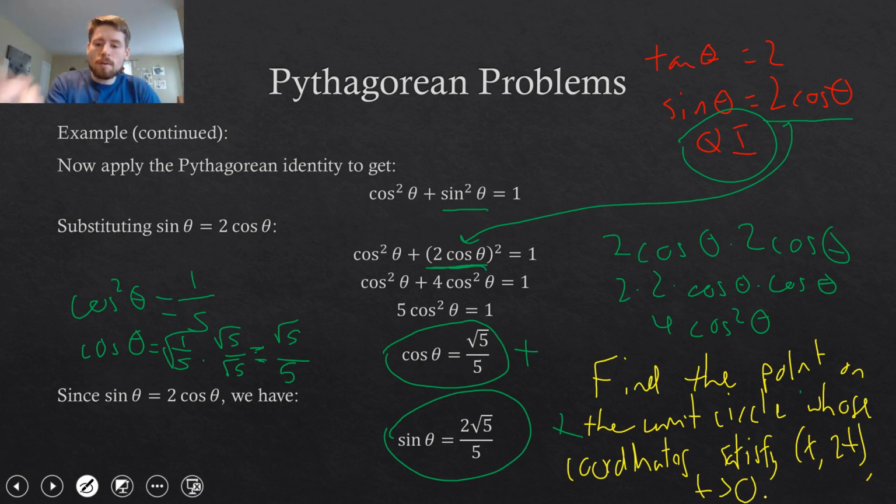So this problem we've already done. Find the point on the unit circle whose coordinates are t, 2t, and where t is positive.